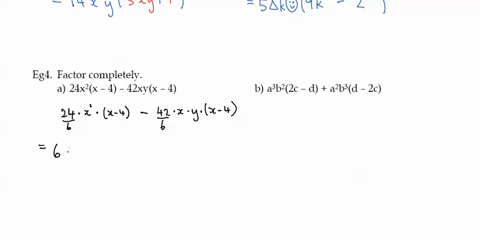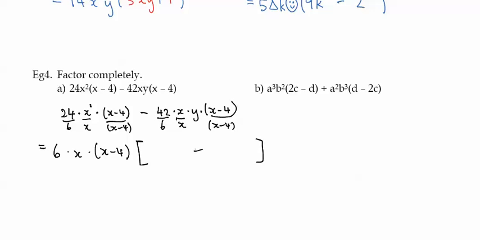X and x minus 4. We can take out x from both of them. Can we take out the y? No, we cannot take out the y. But we can take out the x minus 4. If we can take out x minus 4 from both of them, we can then move on to the rest of it.